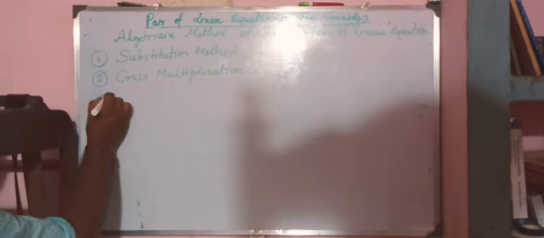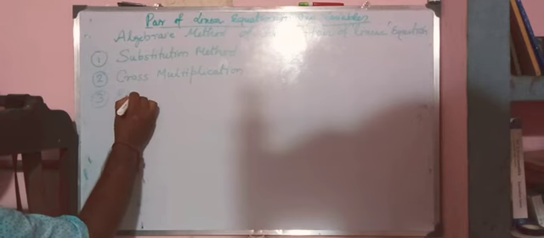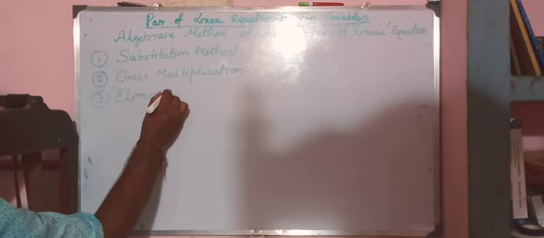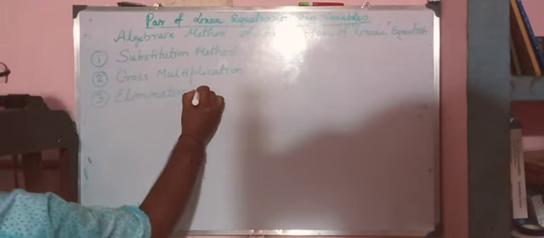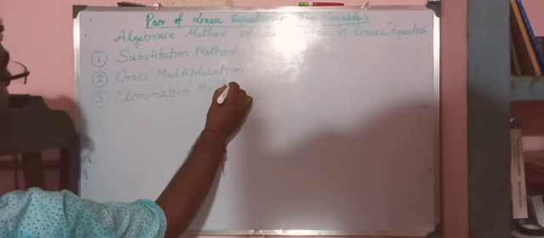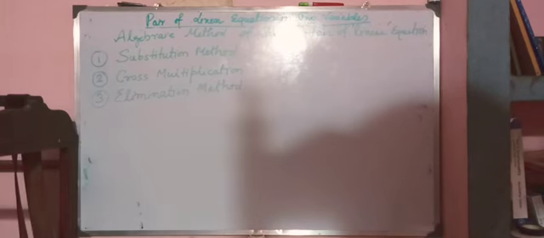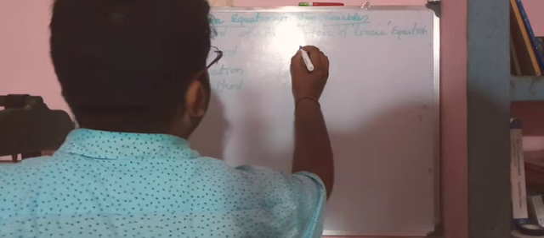Third one, elimination method. Understood? Now one thing we have to tell you that for a linear equation of one variable, suppose we are taking 2x plus 3 equal to 0.